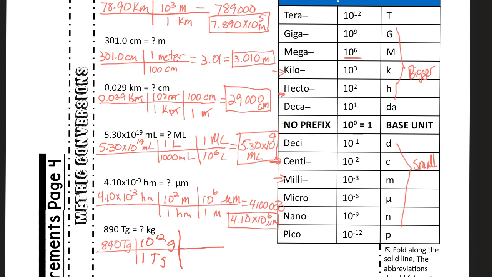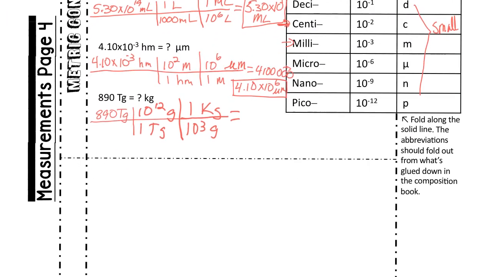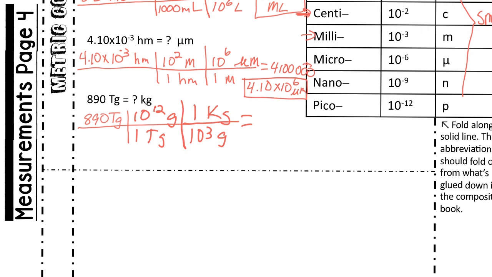In a kilogram, we're going to have 1,000 or 10 to the third grams in 1 kilogram. Now we're ready for the calculator. And we should get 8.9 times 10 to the 11. That's 2 significant figures, and that's going to be kilograms. And we need 2 significant figures in our answer.